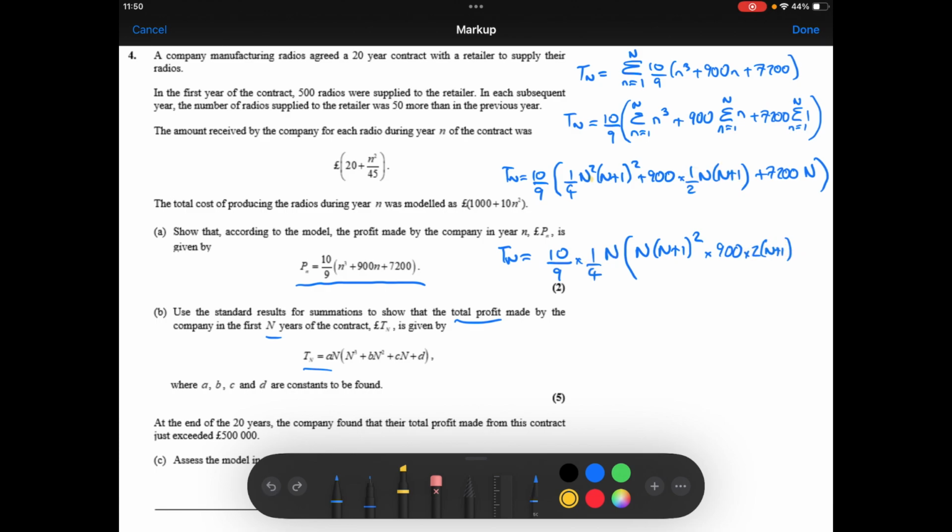And then from the third term, there will be a 7,200 times 4, because this times this is this.